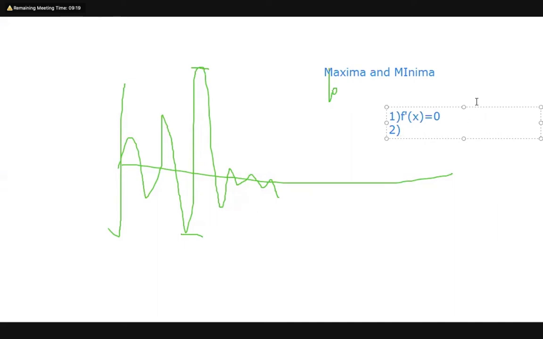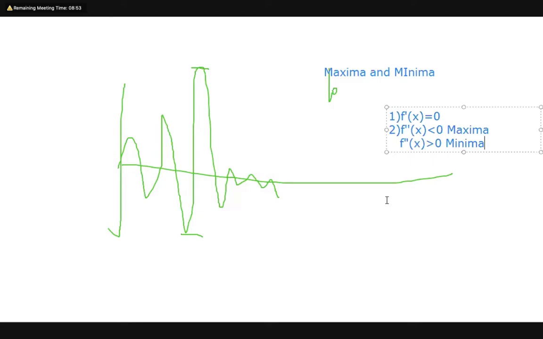What was the second condition? f double dash of x, if it is less than 0, then maximum. If f double dash of x is greater than 0, then minima.